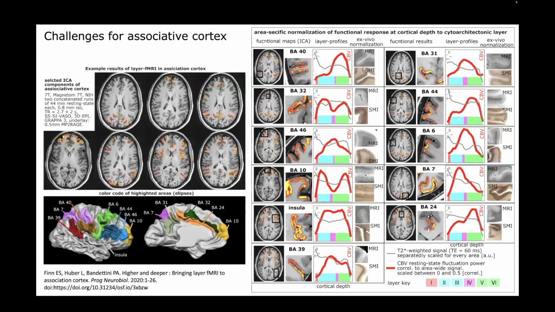This tells us, however, that if we want to compare, for example, activity in Brodmann area 32 with Brodmann area 24, we might have a different kind of layer profile, simply because the cytoarchitecture is different. For example, here in those areas, layer 4 is just much, much thinner. And in order to make sense of these functional data with respect to cortical depth, by thinking about layers, it's very helpful to have these ex vivo normalizations.